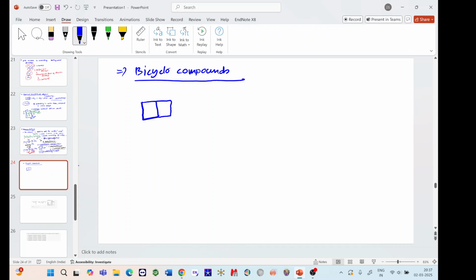There are 2 cycles present, something like this, or something like this. This is called a bridge, and this carbon is called a bridgehead. But in these 2 structures, there are no bridgeheads. So how do you name it?